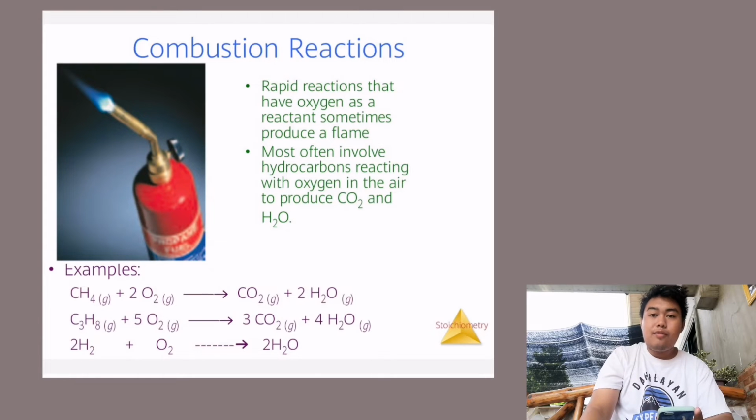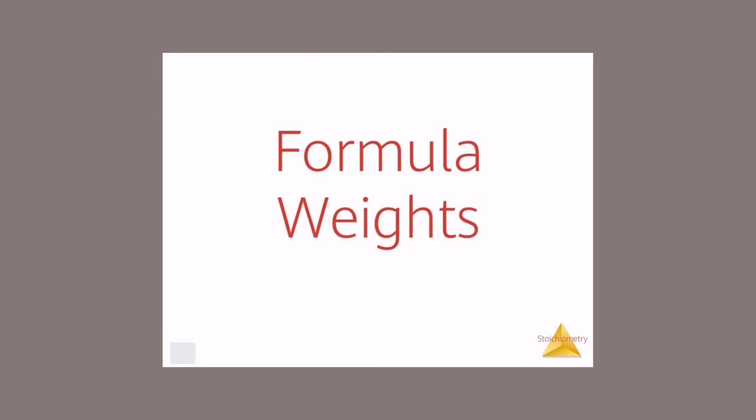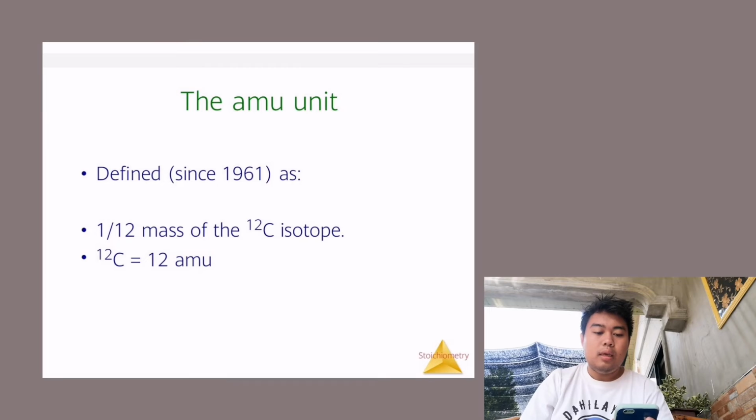Most often they involve hydrocarbons reacting with oxygen in the air to produce carbon dioxide and water. The amu unit, defined since 1961 as 1/12 the mass of the carbon-12 isotope, and carbon-12 equals 12 amu.